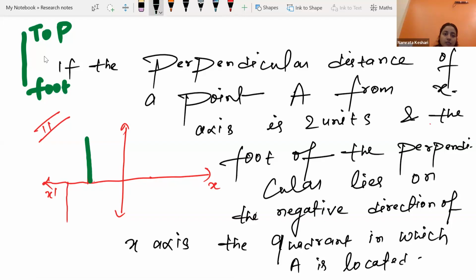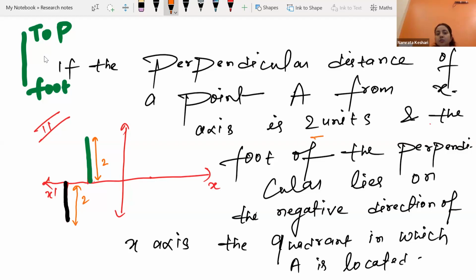Okay, and what else is given? If the perpendicular distance of a point from x-axis is 2 unit, this distance is 2 unit. So when we are talking about distance, even if the coordinate is negative, we will be using only the number, that is 2 unit.